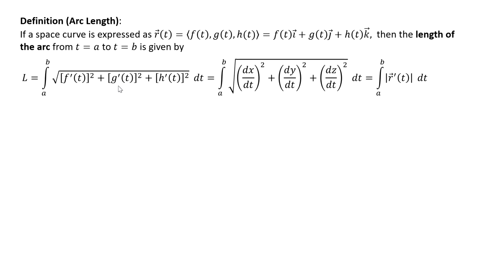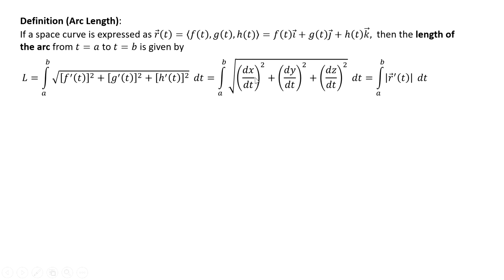But what is that f prime of t? Well, we said f is the x component. So if you were to take dx dt, that's precisely what f prime of t is. And you square it, similarly dy dt, and so on. But then you recognize that this is nothing but the magnitude of r prime, right?